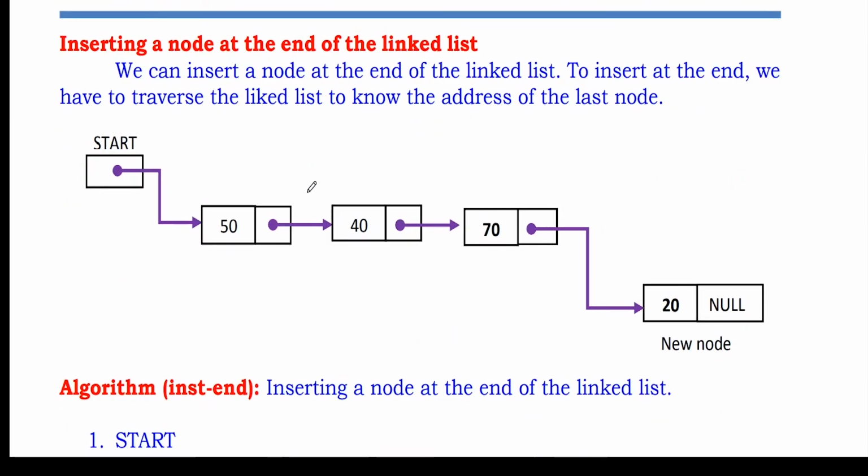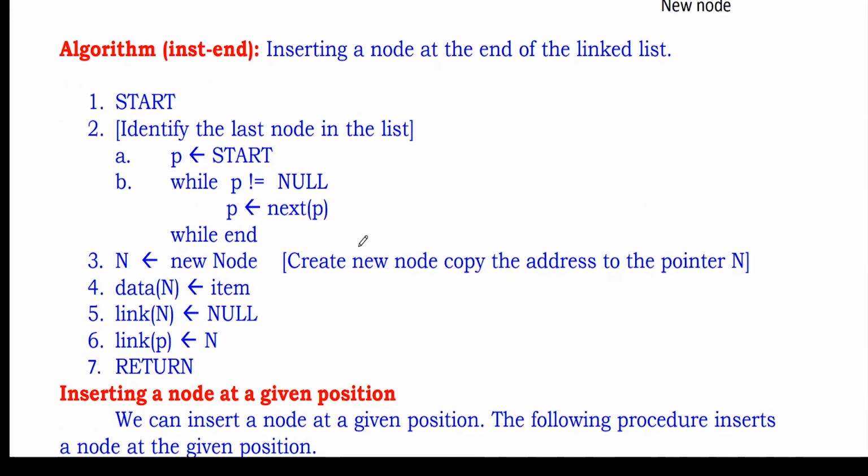Inserting at the end of the linked list we already discussed. So move from the link field till the last pointer, traversing. At the end we add the new node. That's all. Very simple. So first here we have to go with the link field. This is a wrong technique here, so this has to be replaced.